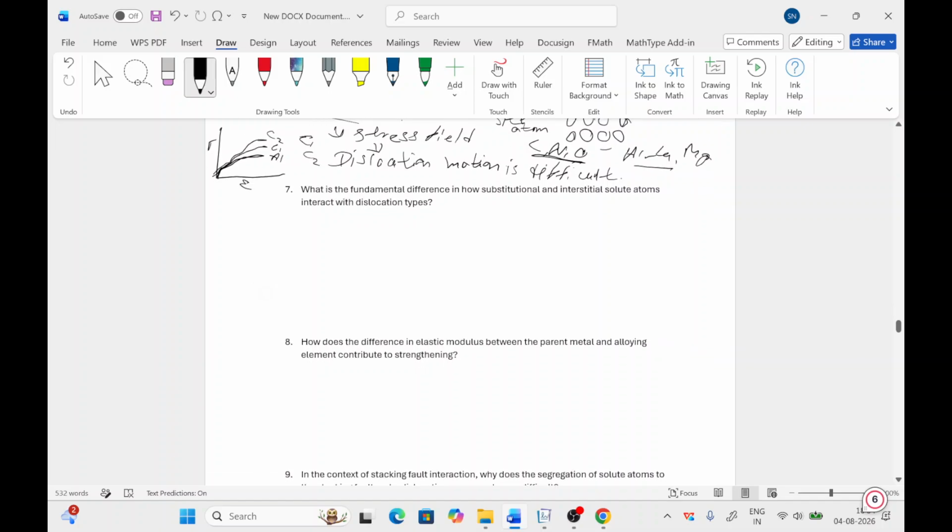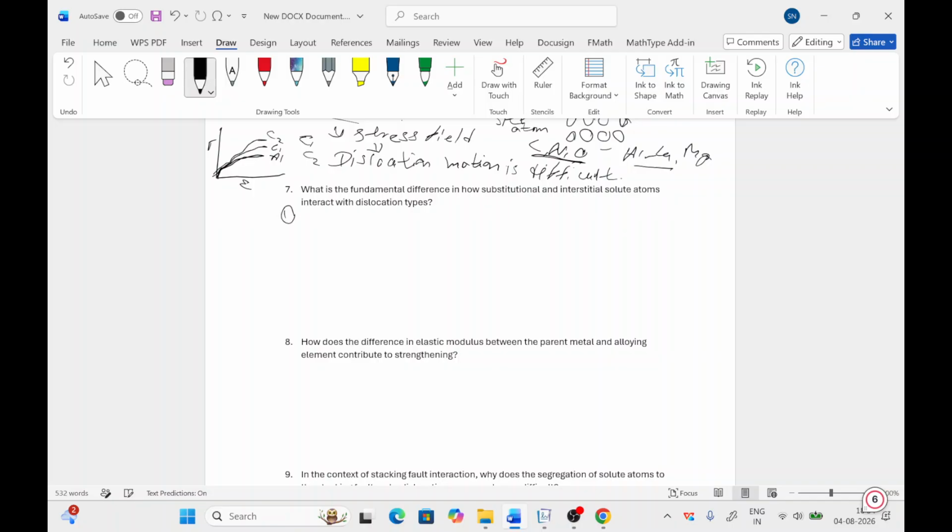Okay. So the next question is, what is the fundamental difference in how substitutional and interstitial solute atoms interact with dislocation types? Yeah, so the interaction between the solute atoms and solvent atoms is of four or five types.